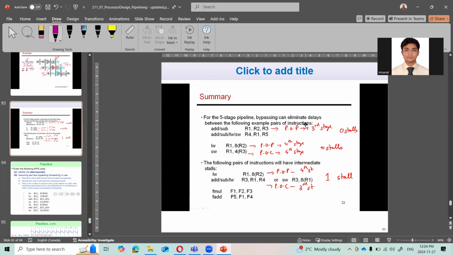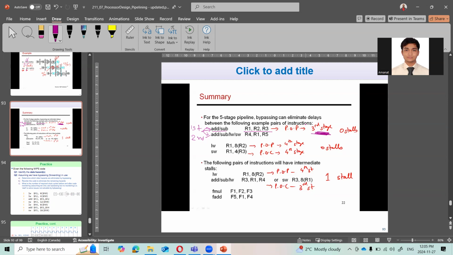So if you have an add instruction or a sub instruction, you get the result in the third stage, right? If this is the first instruction and this is the second instruction, then you don't need any stalls.